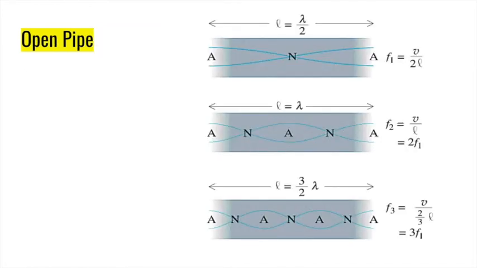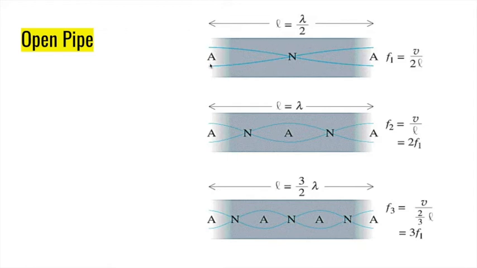Okay, this is very similar to the guitar string idea. If you haven't watched the guitar video yet, go ahead and watch that real fast, because there's an interesting difference between the two. On a guitar, our nodes would be at the ends, and the highest point of the amplitude, the antinode, would be happening in the middle.